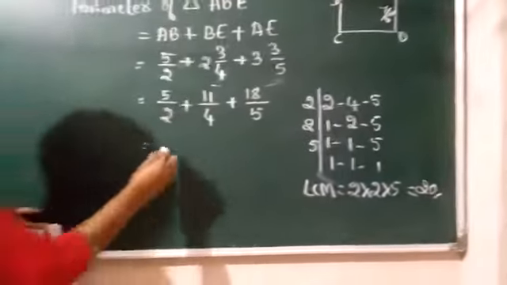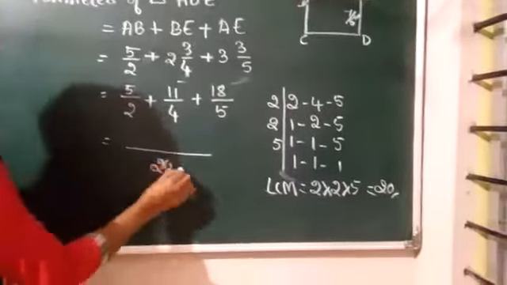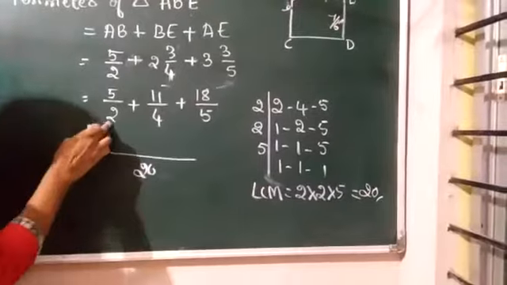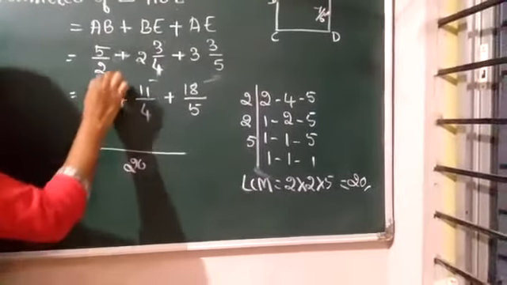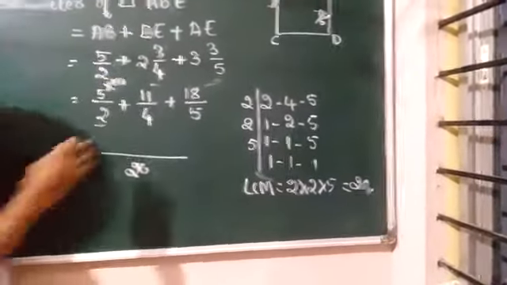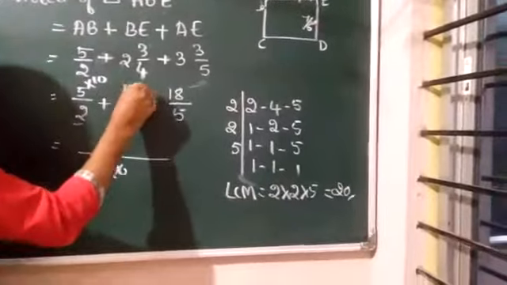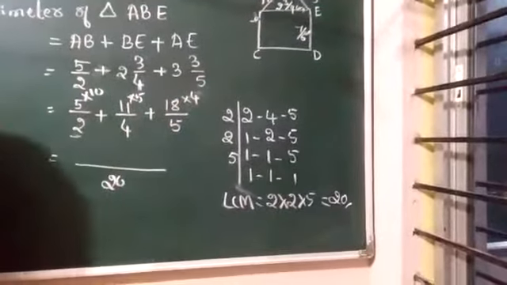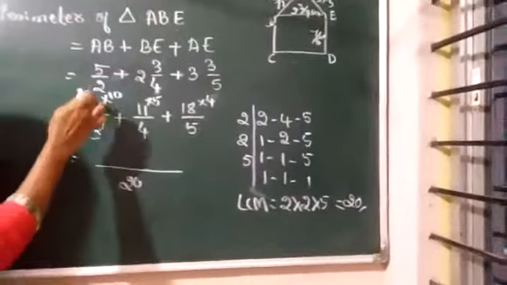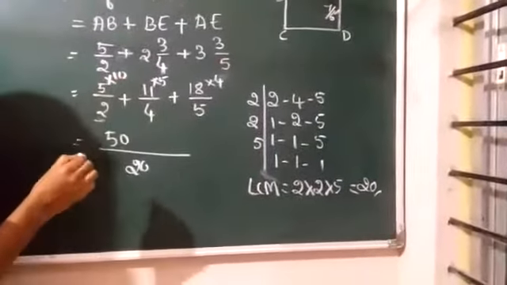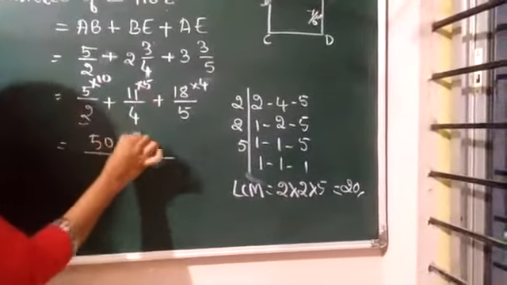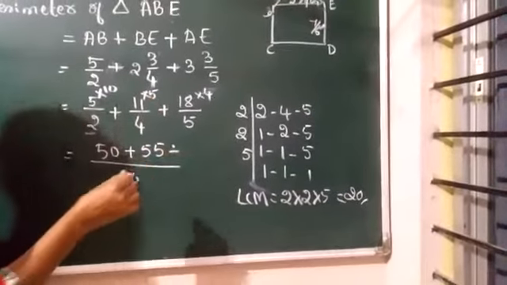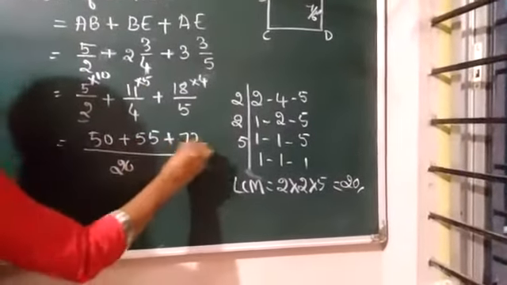LCM is 20. Then 2 10s are 20, 4 5s are 20, 5 4s are 20. Then 5 10s are 50, 11 5s are 55, and 18 4s are 72.